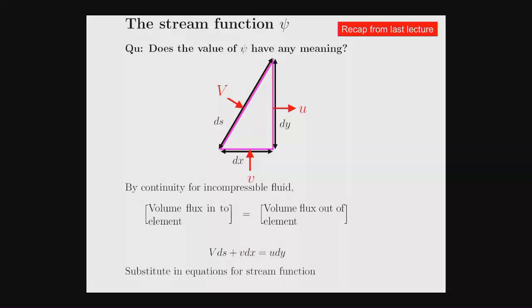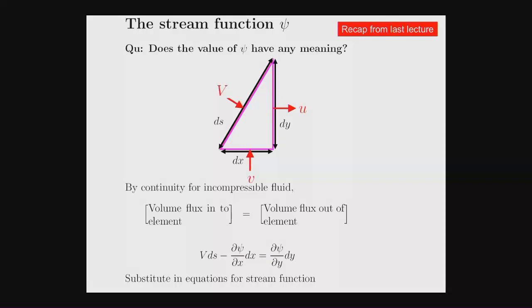If I substitute my equations of a stream function into v and u and rearrange the equation, you can see that the terms on the right hand side are just equal to d psi. Hopefully you can see that.